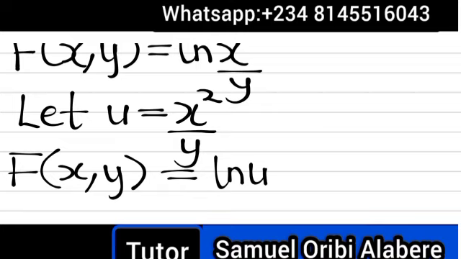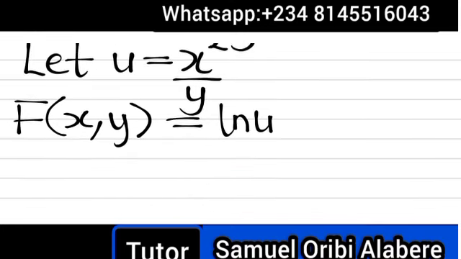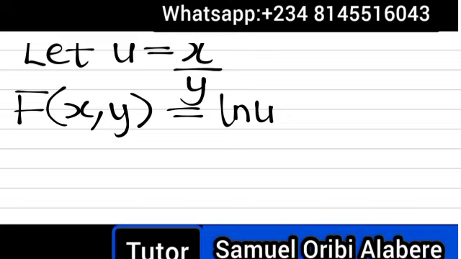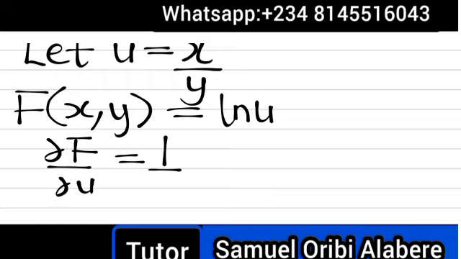When we differentiate this, it will give us the partial derivative of f with respect to u, which will be equal to 1 all over u. So now we have found the partial derivative of f with respect to u, and our next task is to find the partial derivative of u with respect to x.